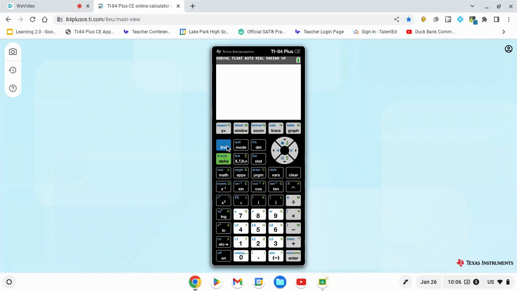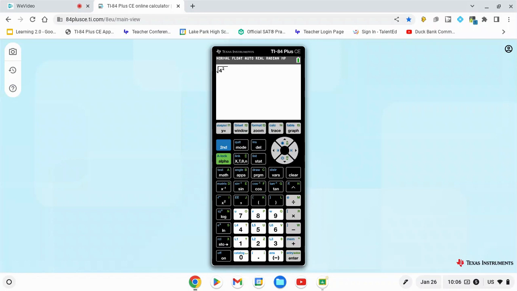So because I hit the second button, now it's going to give me whatever's in blue on these buttons here. So hit the x squared button to get that square root symbol, and then I'm going to type in 4, and then I got to raise that to the second power. So I can either hit this caret button, or if it's just to the second power, you can also hit the x squared button, but that will only give you to the second power.